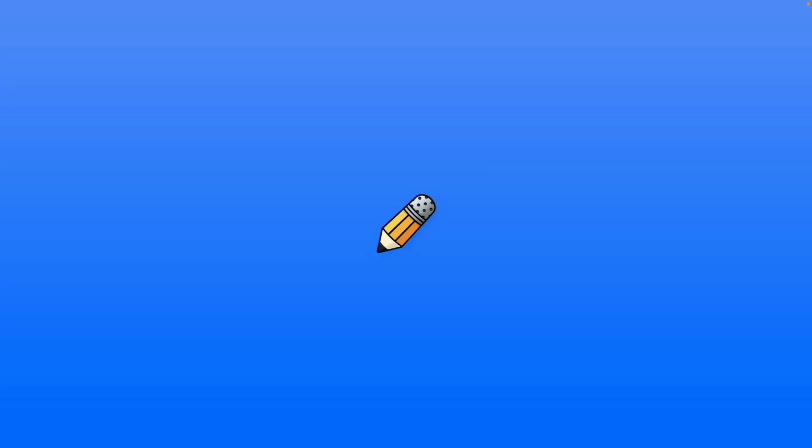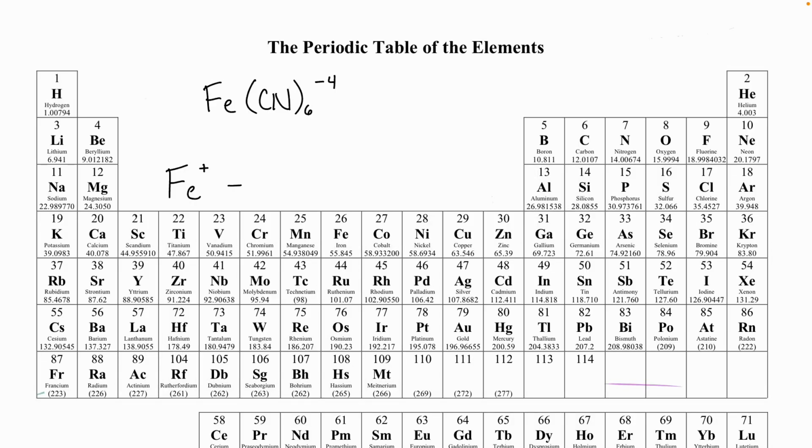All right, so given our formula, we figured out our oxidation number. Now that we know our oxidation number, we can turn around and draw our electron configuration.